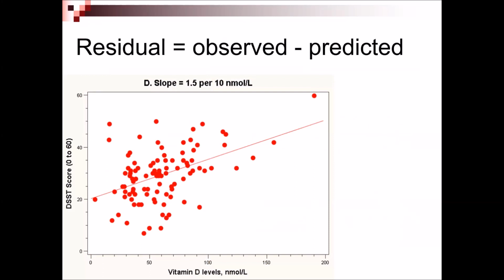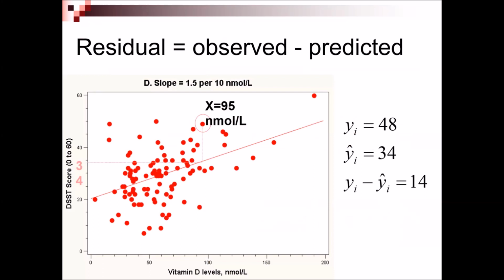We have an equation right here, so if the vitamin D level is 150, we can say what the DSST score, or whatever we're looking at, is going to be. Or if it's 155, like it is right here, this distance is what we call the residual. We can map this residual, and all we do is subtract the observed minus the predicted.